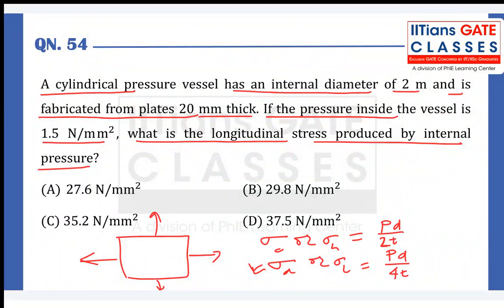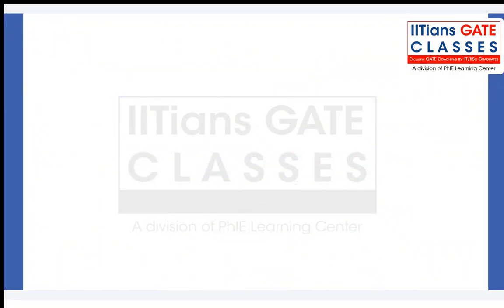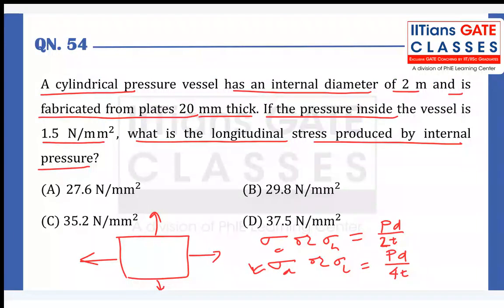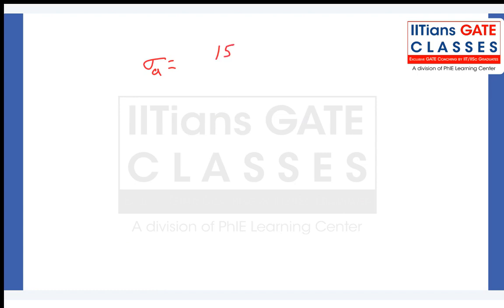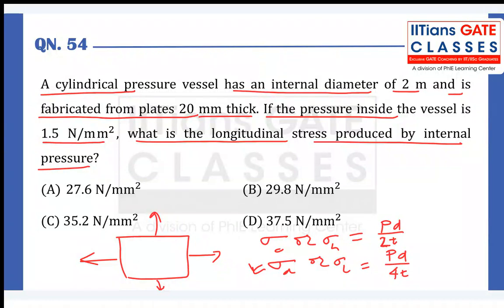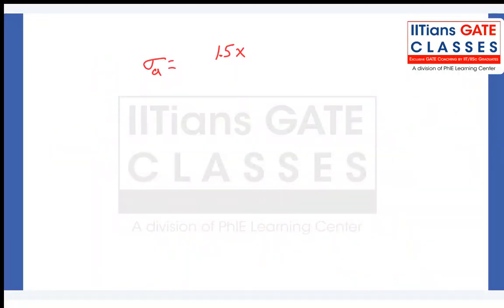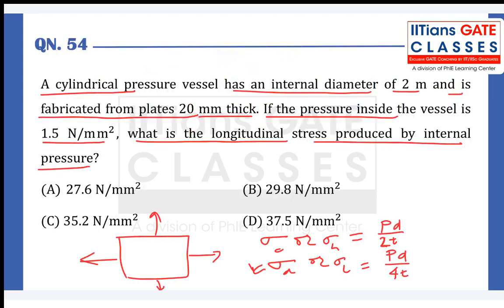Sigma axial, or longitudinal: pressure is 1.5. The diameter is 2 meter, which we convert to 2000 mm. Stress is PD by 4T, and T, the thickness, is 20 mm. So what is the answer, guys?